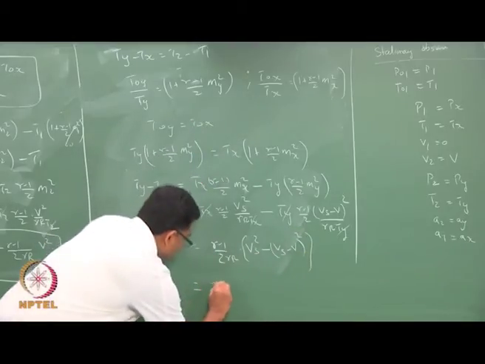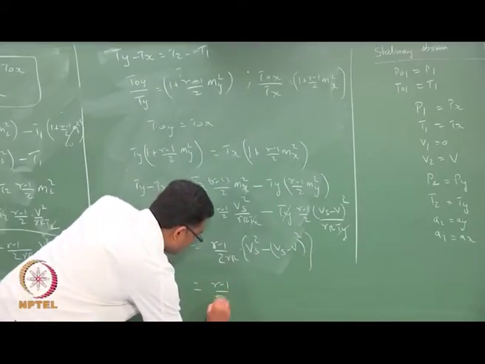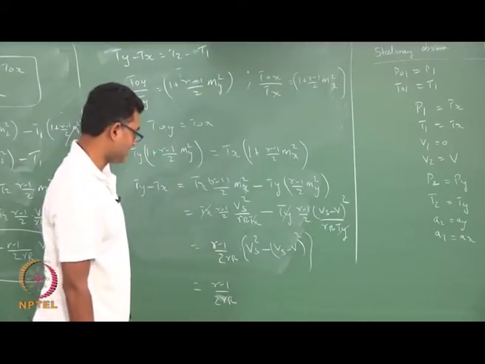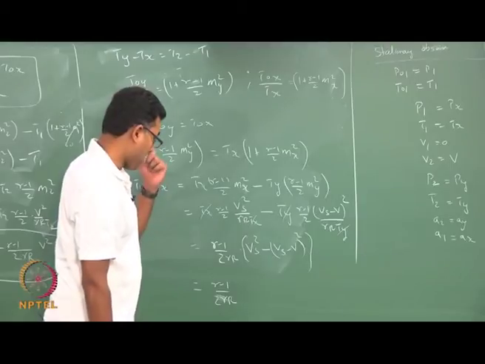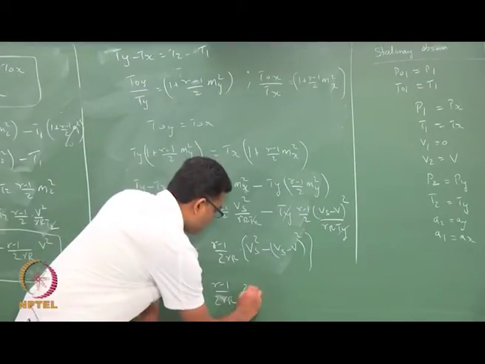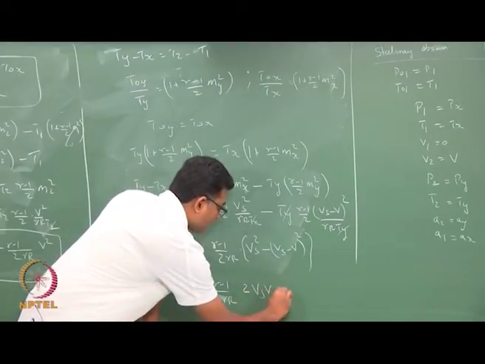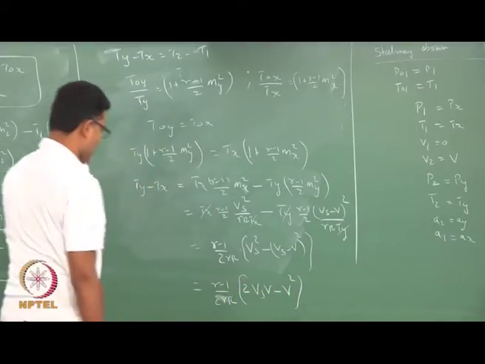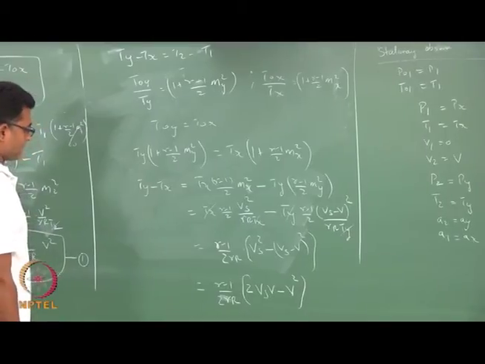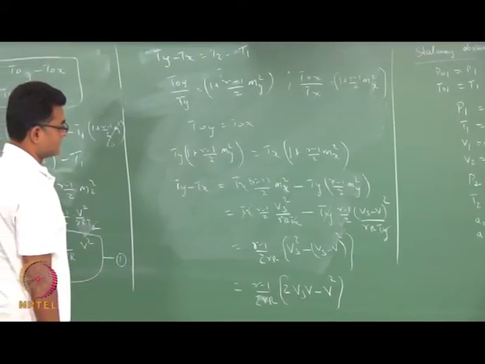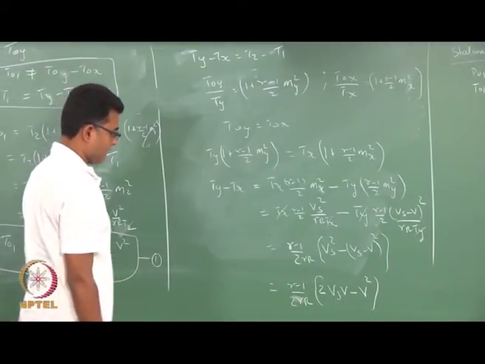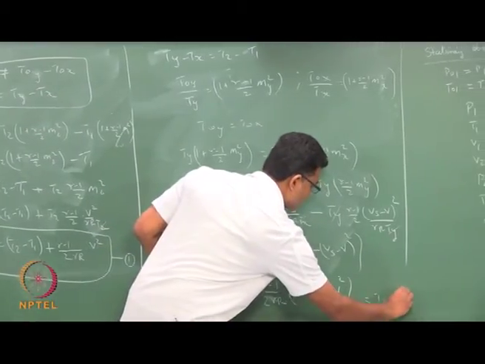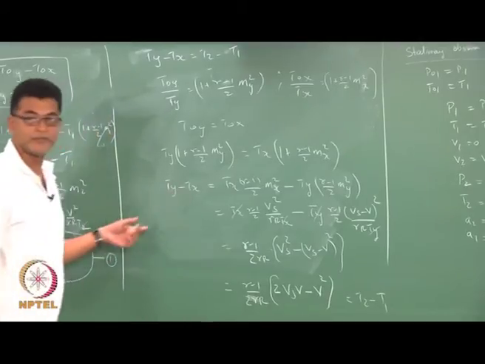So, this is nothing but gamma minus 1 by 2 gamma R, Vs square cancels out, so you end up with 2 Vs V minus V square, which is also equal to my T2 minus T1 because the static quantities are same.